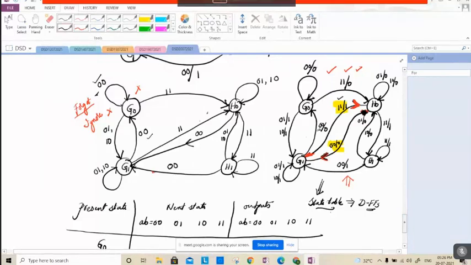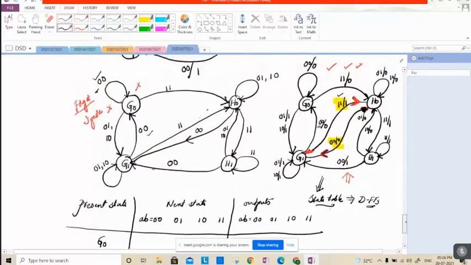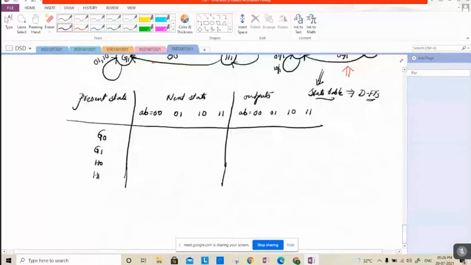State diagram. Can I scroll this down? Now please tell me the values for this. Whenever it is G0 and AB is 00, what is my next state? G0. What about output? 0. For 01, what is my next state?